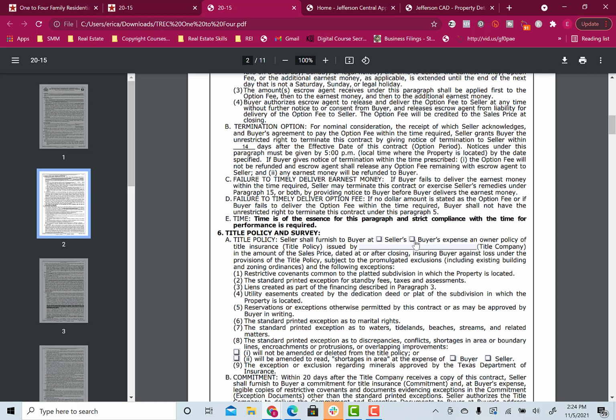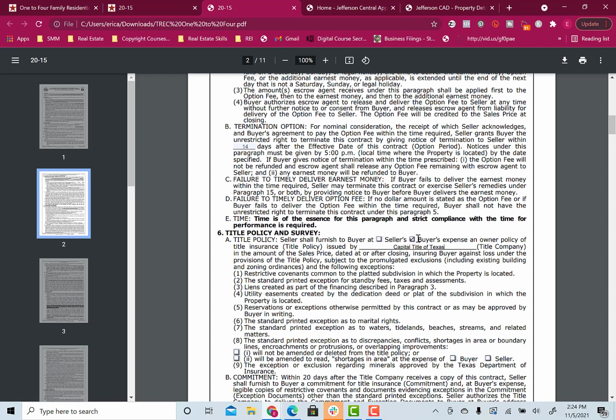Now, as an investor, most of the people that are selling are going to be distressed and not have a whole lot of money. So typically you're the one that's going to be paying that as the investor. And we'll put Capital Title of Texas here again. And so that's it.